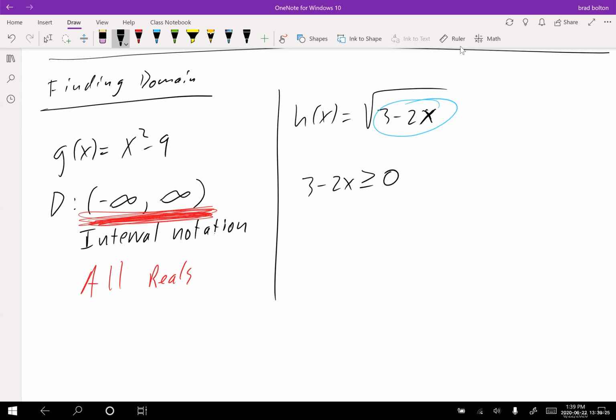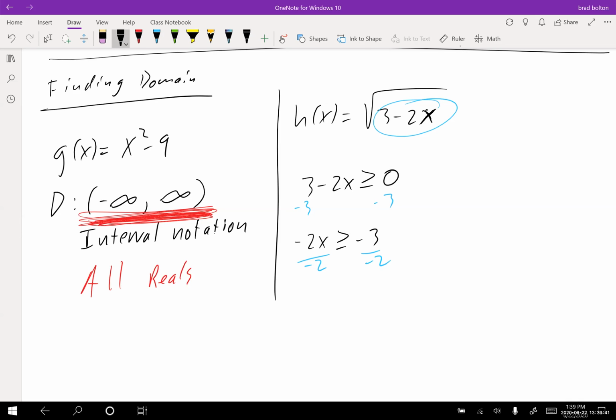So by setting it greater than or equal to 0, that's the only thing you're going to work with. So then we're going to subtract 3 from both sides. So then we have negative 2x is greater than or equal to negative 3. Then we're going to divide by negative 2.